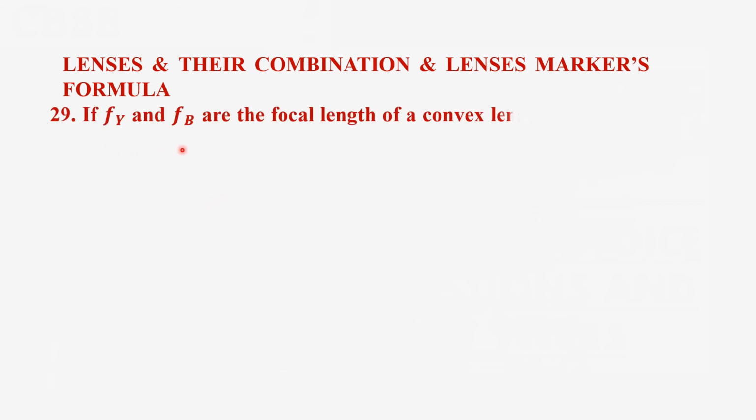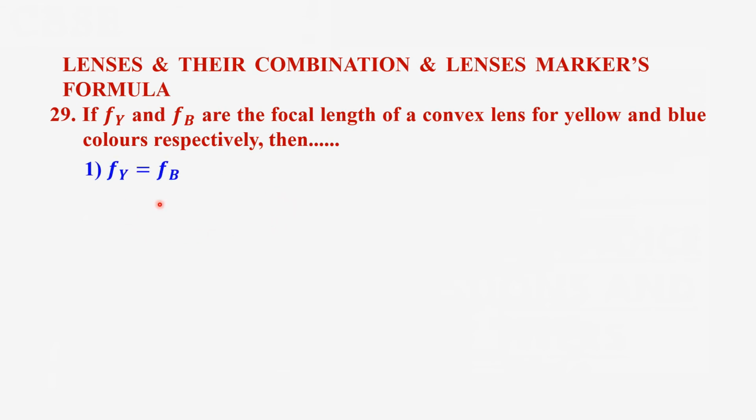Now next, I'll discuss lenses and their combination and lens maker's formula, based on MCQs. If Fy and Fb are the focal lengths of a convex lens for yellow and blue colors respectively, then Fy is equal to Fb, Fy is greater than Fb, Fy is less than Fb, or the square root of Fy is equal to Fb.